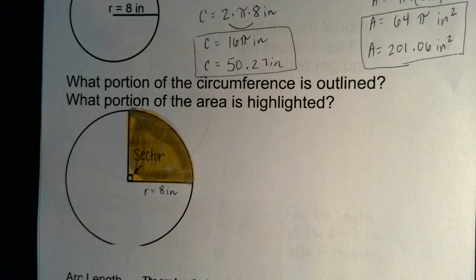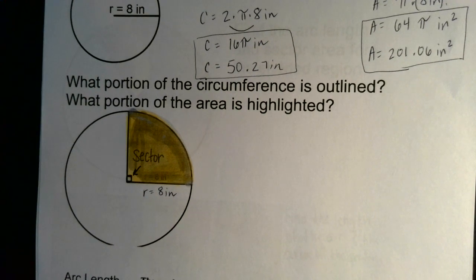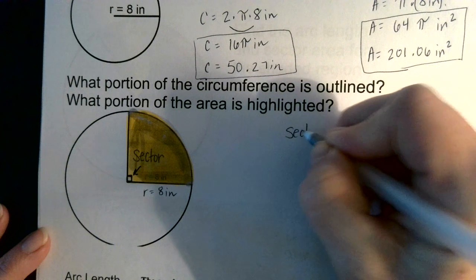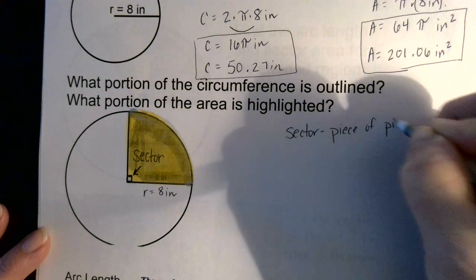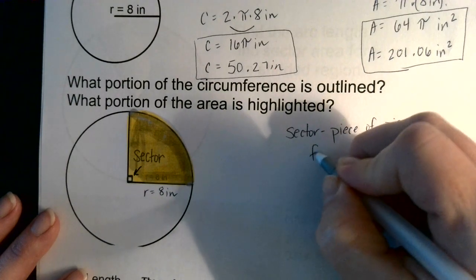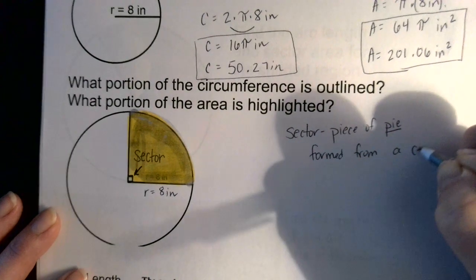I like to call this a piece of pie. The piece of pie is called a sector. So a sector is a piece of pie, and it needs to be formed from a central angle.